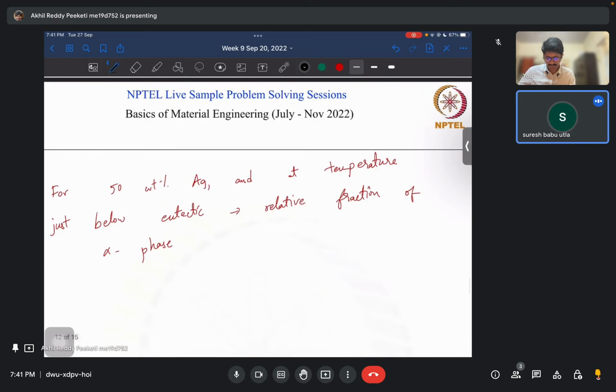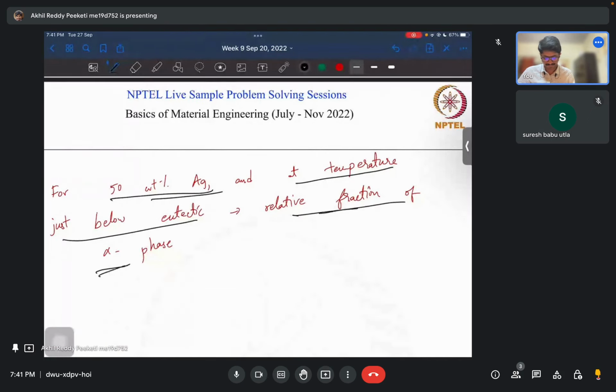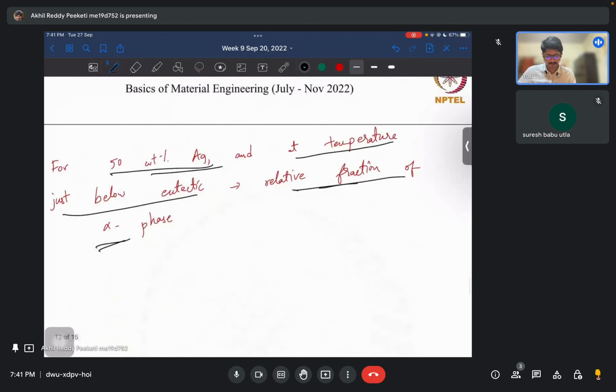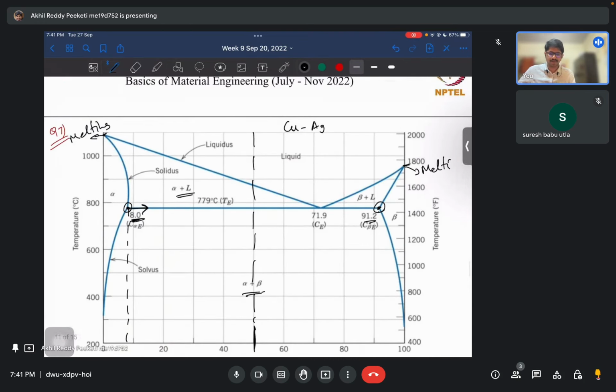Now next question. We have 58% Ag and temperature just below the eutectic. Relative fraction of alpha phase. So in this case, 58% of Ag, so this line, and then temperature just below the eutectic. So what is the eutectic point, Suresh?